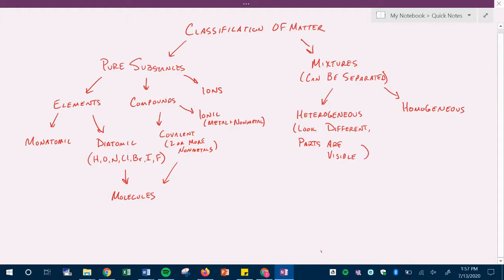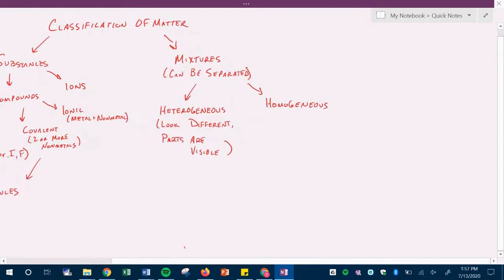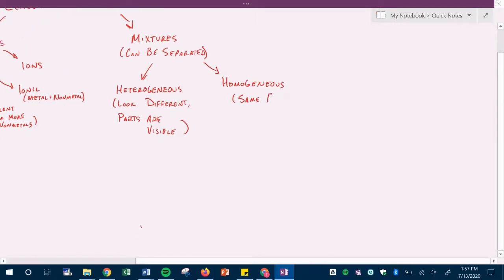Whereas homogeneous mixtures are the same throughout. So a homogeneous mixture would be something like lemonade, where you have your water and you have your mix. When they're mixed together, you can't see the mix versus the water. It's all blended together and it looks the same.